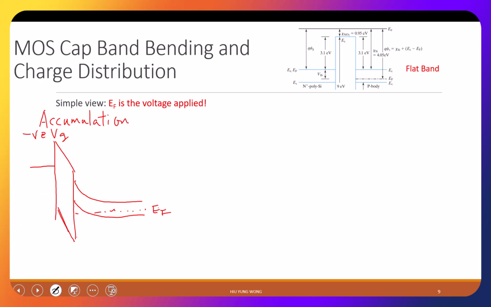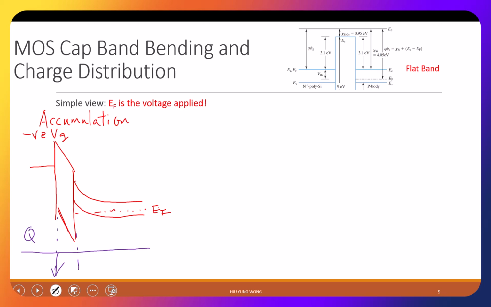Then I want to show the charge. What type of charge do you get on the left side for the gate? I've applied negative bias to it. You're going to put a lot of negative charge to it. This is Q. A lot of negative. Here I use an arrow. It means a delta charge. Very narrow and very high. It's just like the metal. So if you have negative charge on one side of the capacitor, what happened to the other side?